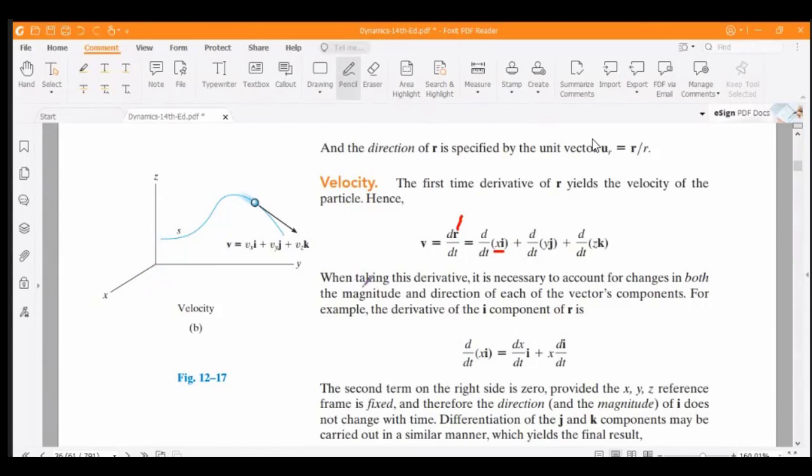So what happened here? You see, x is one time variable, and another time i is a variable. When x is variable at the time, dx by dt, i is constant. Another time x is constant, di by dt. This is the formula of uv, right?